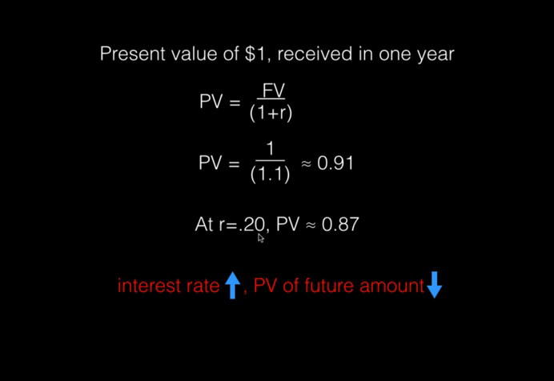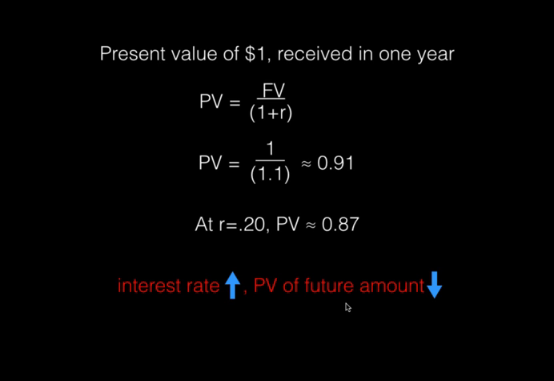If I'm going to get $1 in a year, but I could have earned 20% over that time, then waiting that year gives me a lower present value for the same amount. That's why we get this relationship between interest rates and the present value of any future amount.